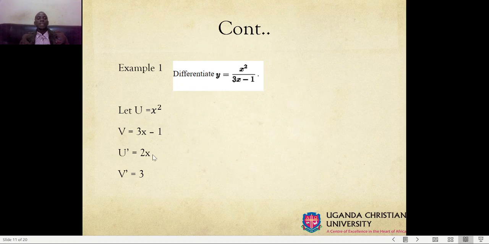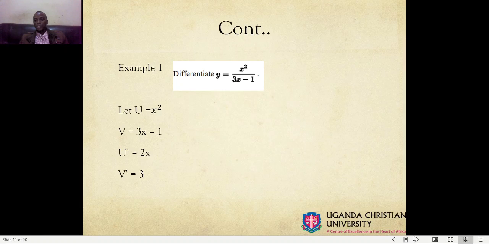How? 3x, x is to the power 1. So I get 1 minus 1, I remain with 0. And recall I had earlier multiplied by 1.